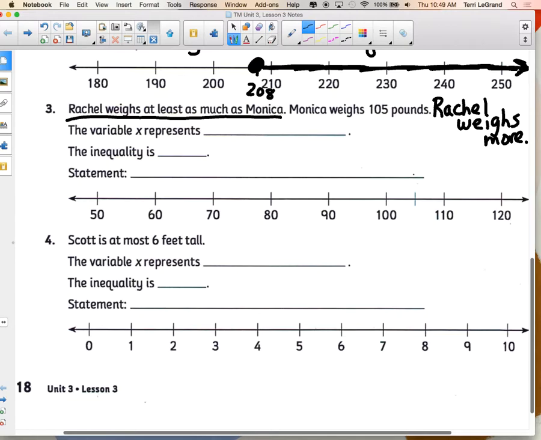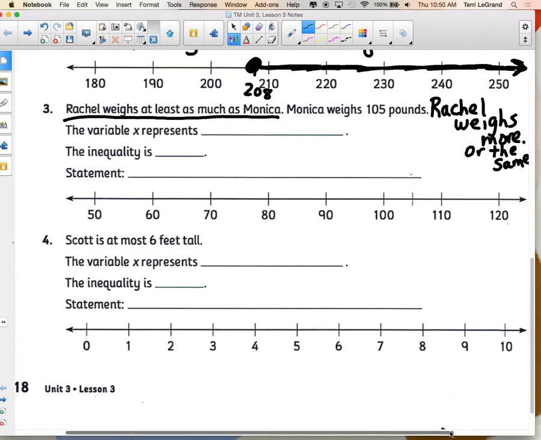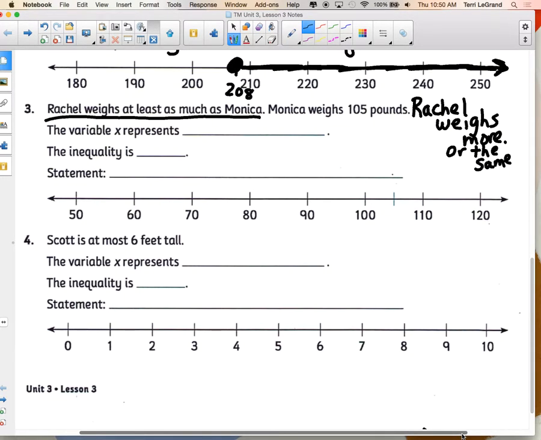Well, then that means she weighs what Monica weighs or more. So Rachel weighs more, let's put here, or the same. At least, okay? So we have to take into account, when do we use the equal to bar? Well, when they use the words at least, that means that starting number is included. So she weighs more or she weighs the same as Monica.